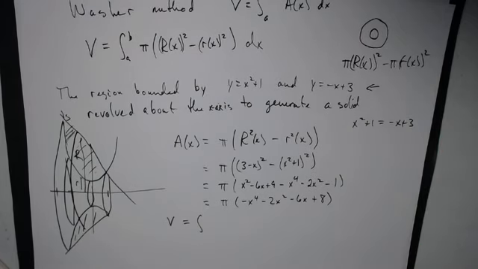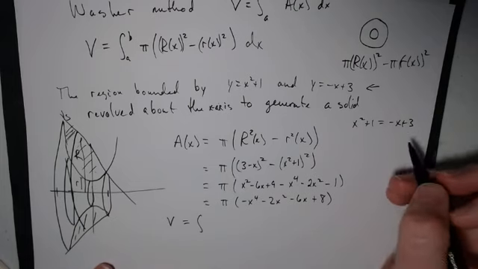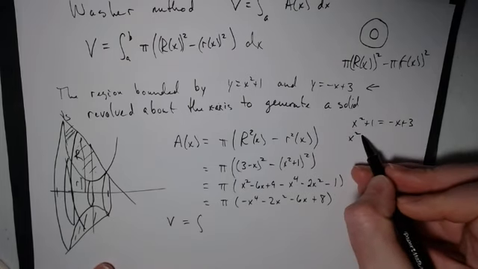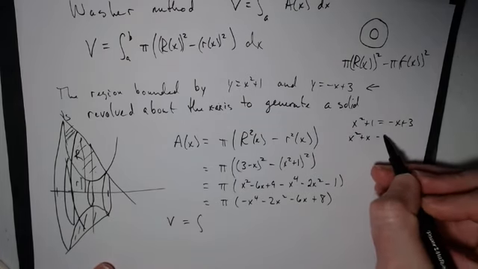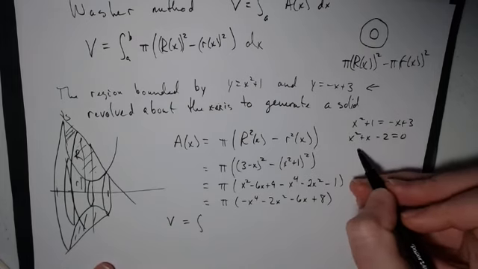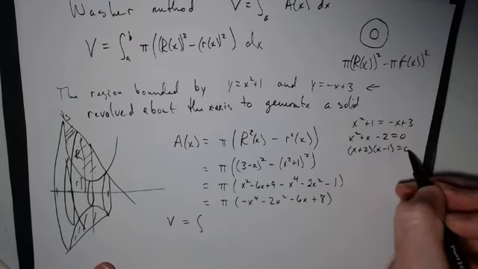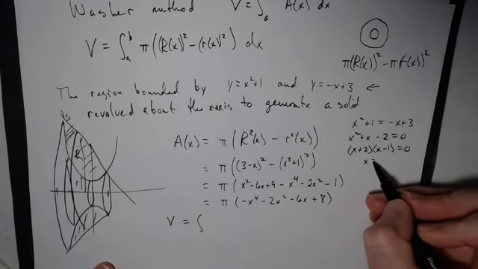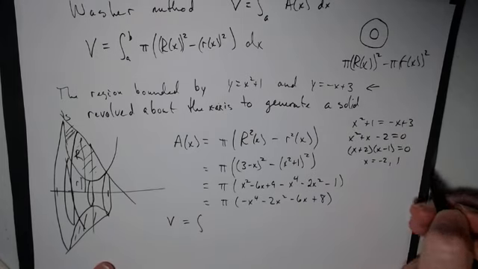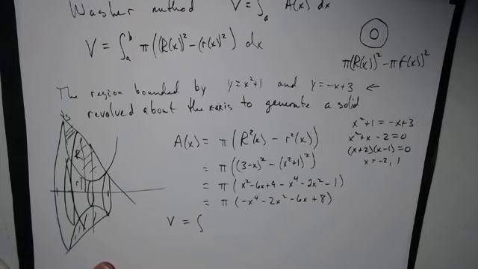And then we figure out what x values let those y's be equal. So that's x squared plus x minus 2 equals 0, x plus 2, x minus 1 equals 0. So x is equal to negative 2 or 1. Those are our limits. So x is going to go from negative 2 to 1.